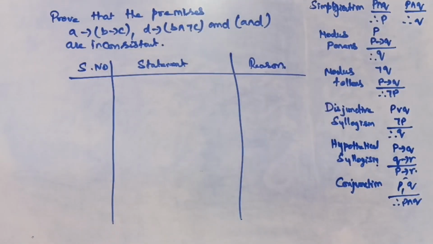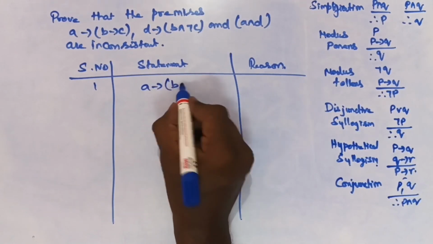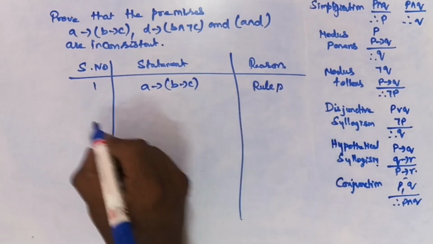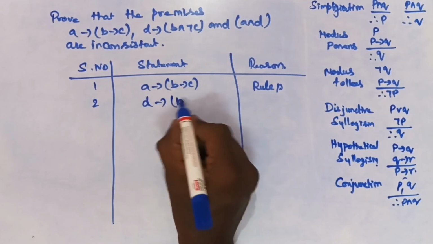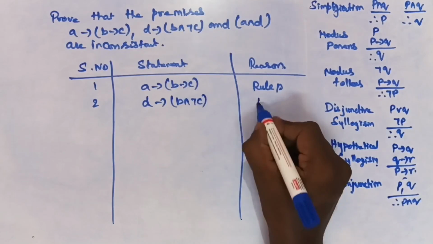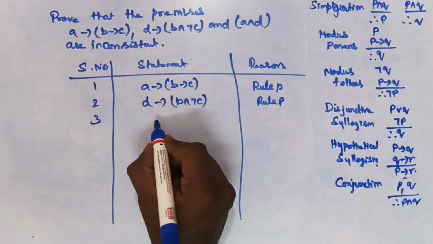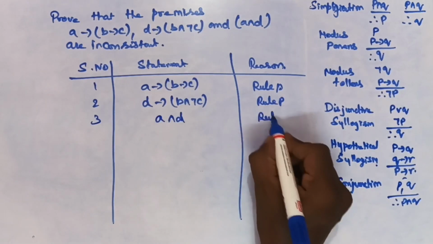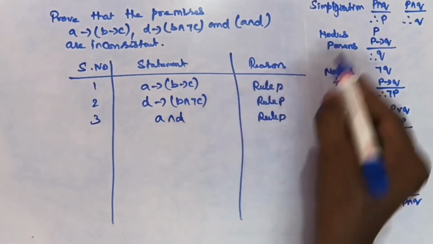First we have to introduce all of this. A condition B condition C, rule P. Second one, D condition B and not C, rule P. Third, A and D, rule P. Here we only have to know simplification.